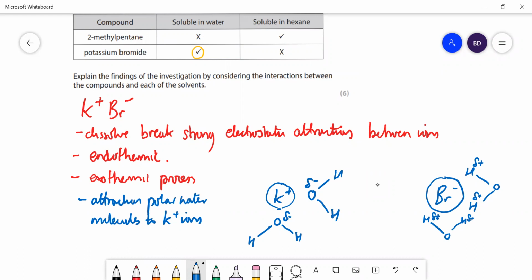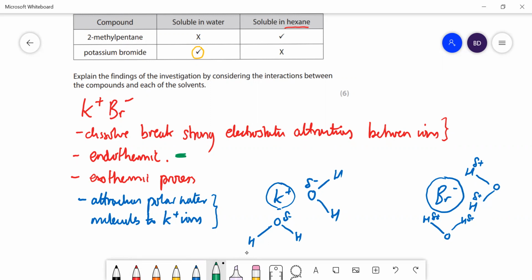The energy that you release in this process is approximately equal to the energy that you have to put in for the lattice breaking, and so that means it will dissolve. Now, if you try to dissolve it in hexane, hexane is not polar. So you just have the endothermic process.